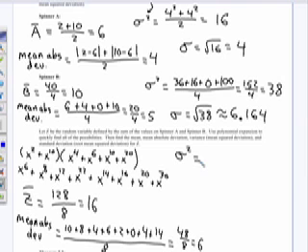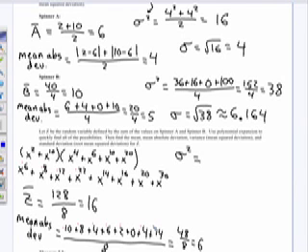Now for variance, we could look at doing our 6 squared plus 8 squared plus 12 squared plus 22 squared. I'm sorry, no, wrong ones. We look at doing our distances away: 10 squared plus 8 squared plus 4 squared plus 6 squared plus 2 squared plus 0 squared plus 4 squared plus 14 squared, all divided by 8.